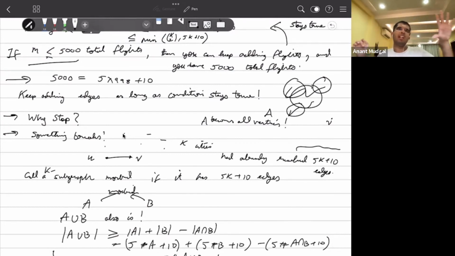And so you can fuse all clusters to get a big thing called A. And if there's any vertex outside A, you can use this vertex and something inside A when you're putting an edge, and fuse them all together as well to subsume this inside A, which means that there are no vertices outside A. A is all the vertices, which means that there are 5 times the size of A plus 10 edges at the end, because A is a cluster. So at the end, you have 5,000 edges in total.